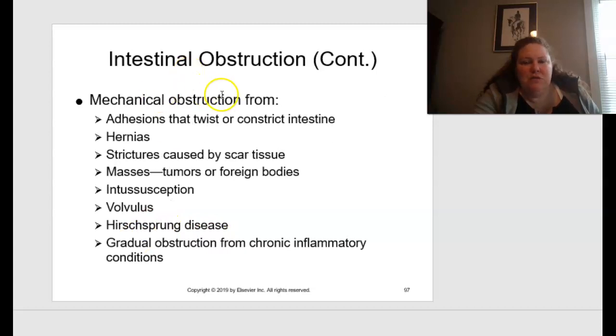Mechanical obstruction can occur from adhesions that twist or constrict the intestines, also hernias, strictures that are caused by scar tissue, masses such as tumors or foreign bodies, intussusception, volvulus, Hirschsprung disease, as well as gradual obstruction from chronic inflammatory conditions.